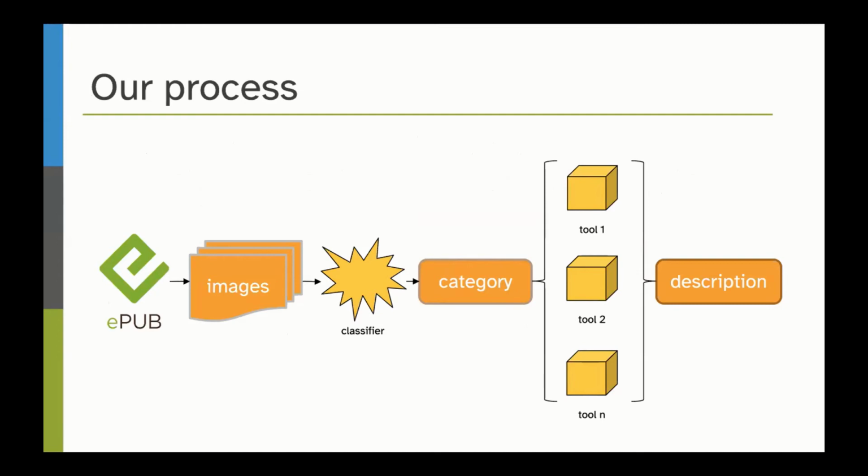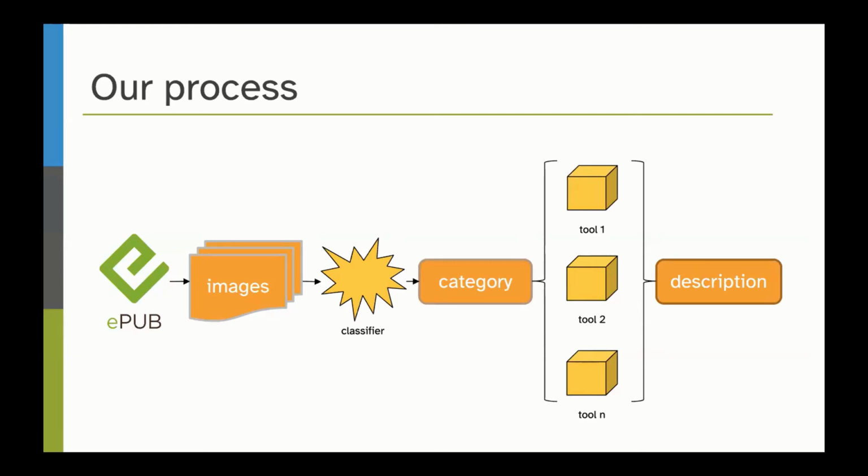Then we realized a prototype that extracts the images from an EPUB, identifies the category using a classifier that we trained, and then tries to describe the image using the most appropriate tool, depending on the category.